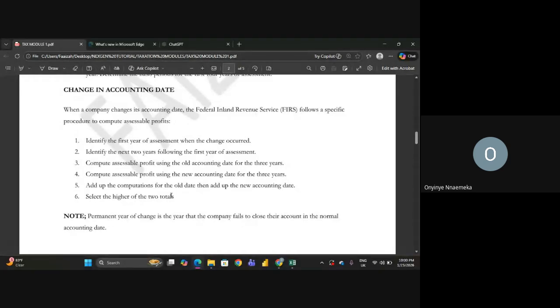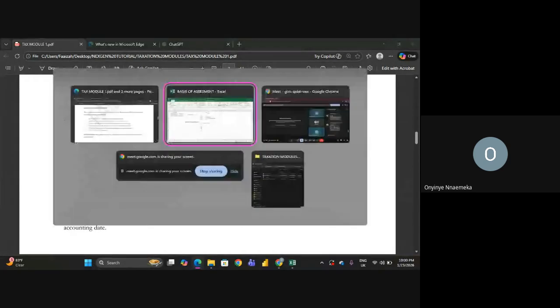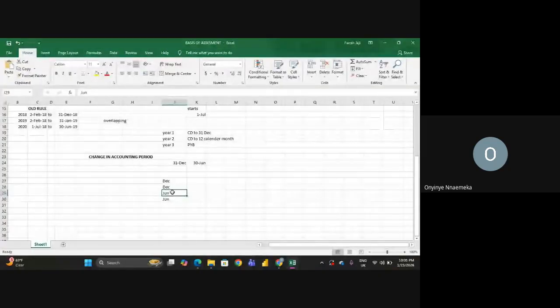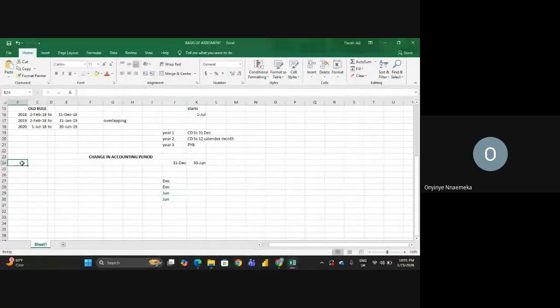So now identify the next 2 years following the year of assessment. So you have identified this year. Let's say the year is 2025. Let me write this again: year of assessment, basis period, then we have assessable profit.